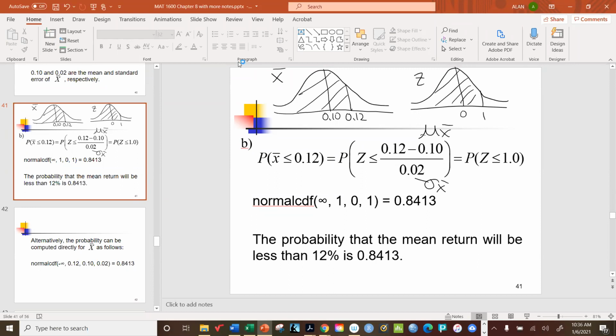Now, this one we can look right up in the table. Not a problem. The table is designed to look for what we call cumulative probabilities. So remember on the table, you have to express this as 1.00. So you can look up the intersection of 1.0 plus 0.00, which is easy because that's the first column.